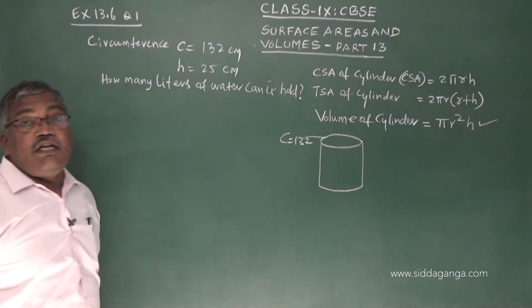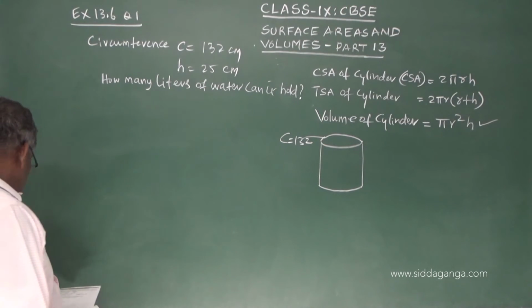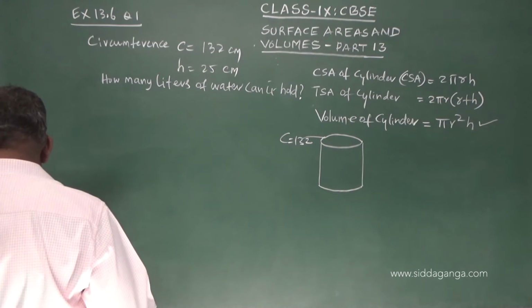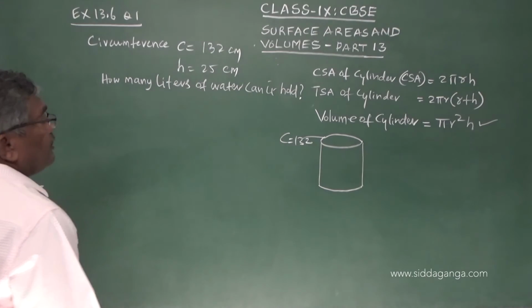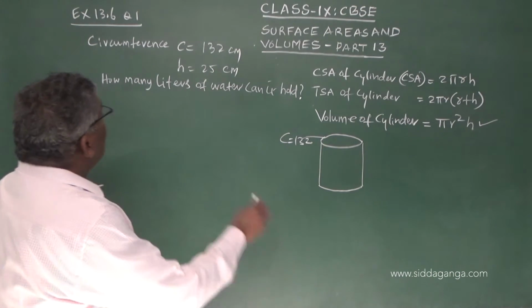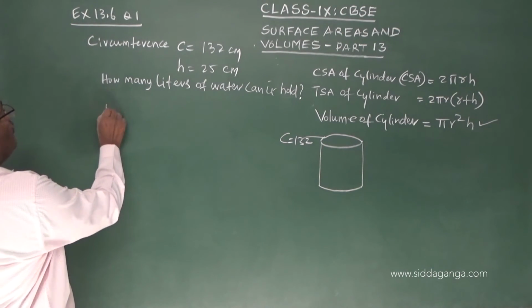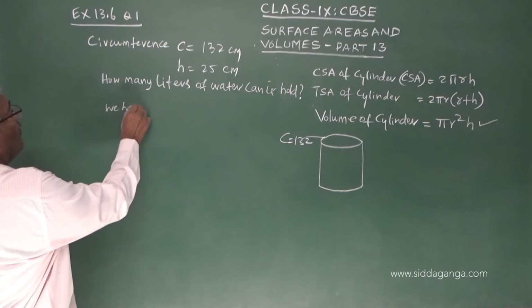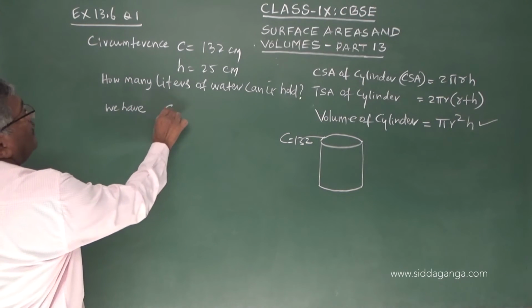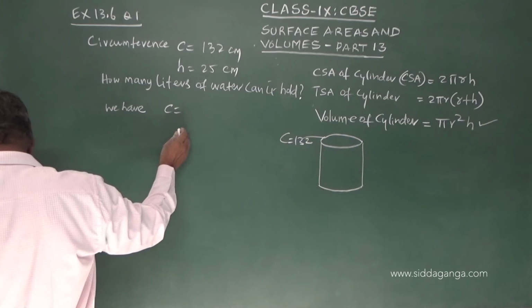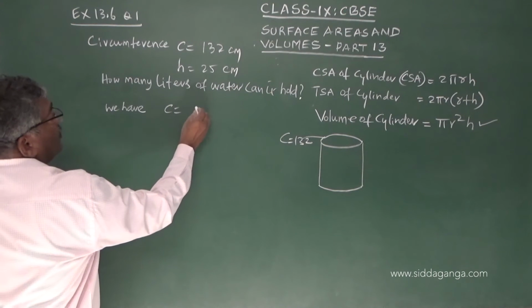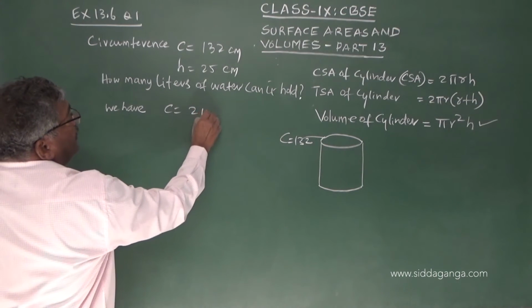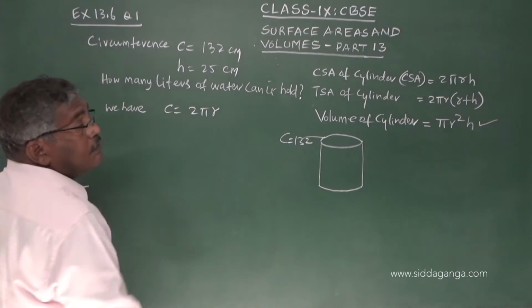So first thing we have to do is calculate the radius. So we have C equals 2 pi r.